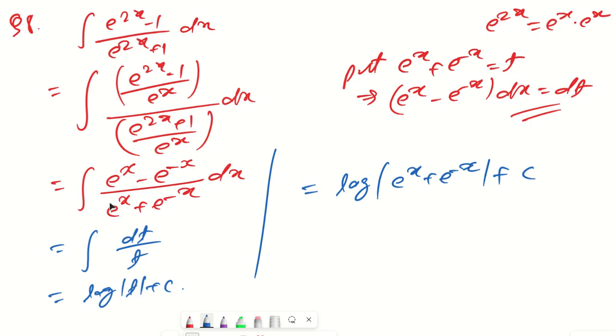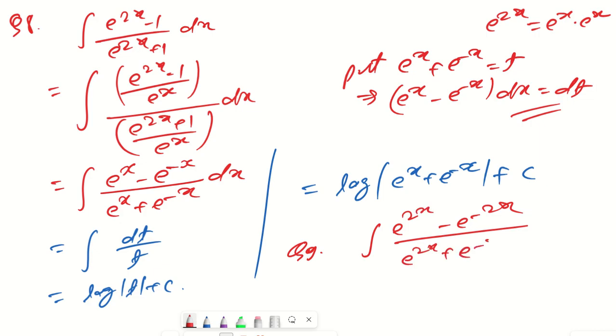Similar to that, as homework, you can take question number 9. Integration of e to the power 2x minus e to the power minus 2x, divided by e to the power 2x plus e to the power minus 2x, dx.